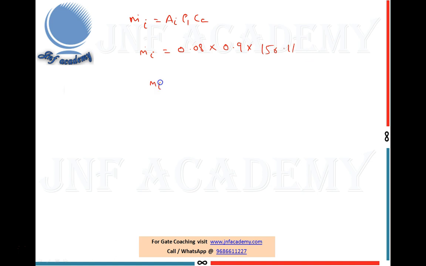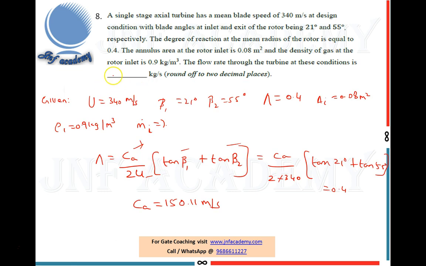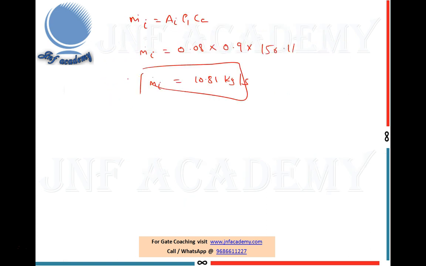If you calculate this value, m dot I, the mass flow rate at the inlet, is 10.81 kilogram per second. So the flow rate through the turbine at these conditions is 10.81 kilogram per second.